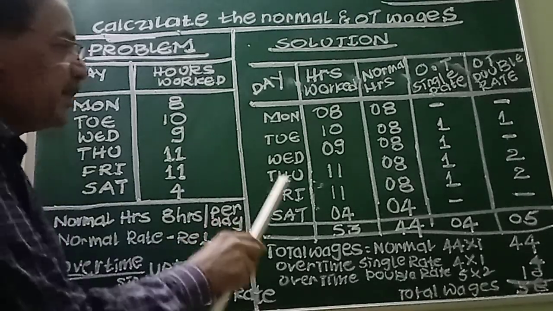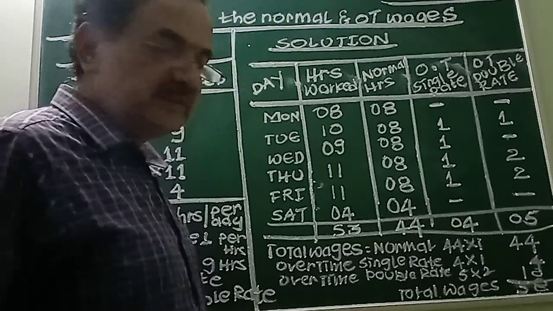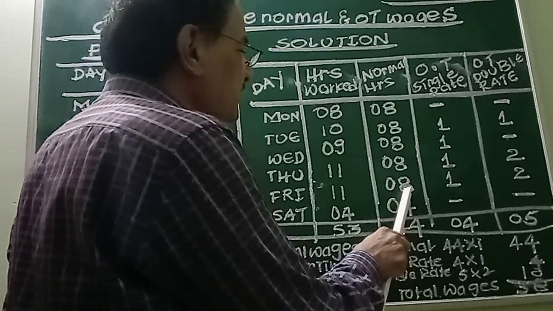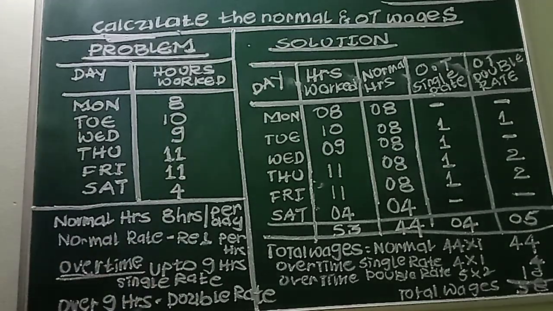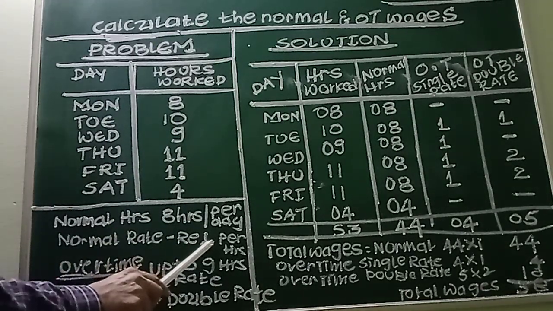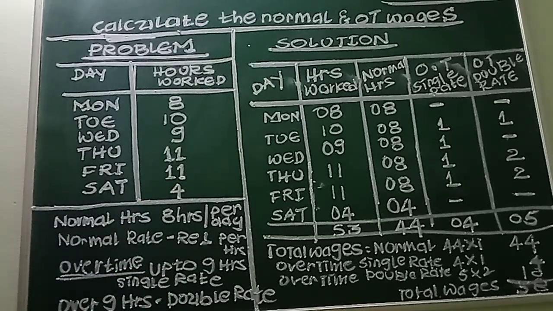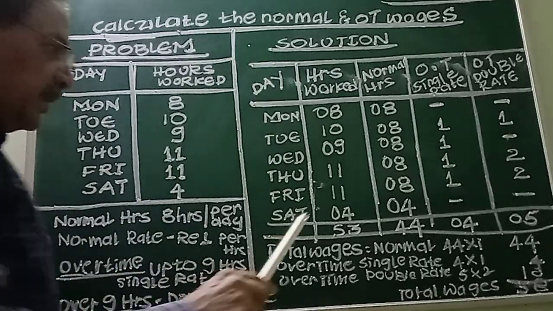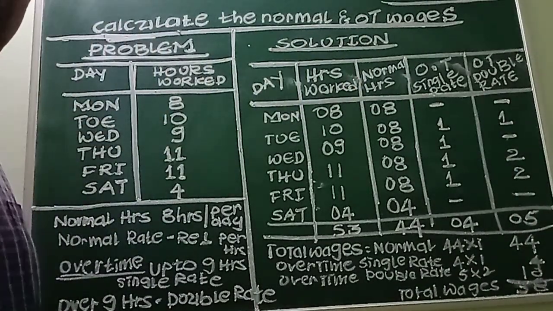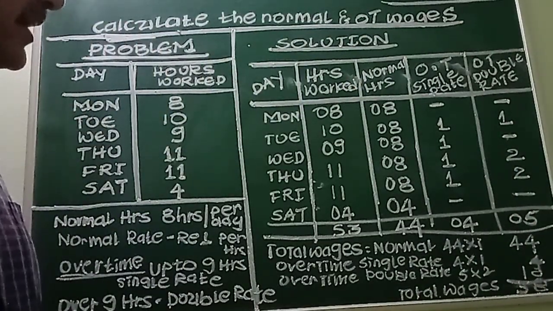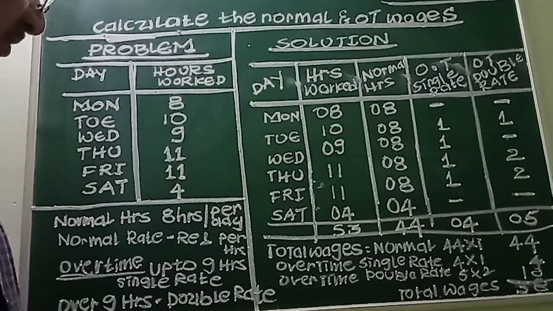Coming to Friday, 11 hours. Same thing, 8 hours is normal and up to 9 hours he will be paid at the single rate. Single rate is 1 rupee per hour. So 2 hours extra he has worked, so he will be paid 2 hours at the rate of double rate OT, overtime wages.